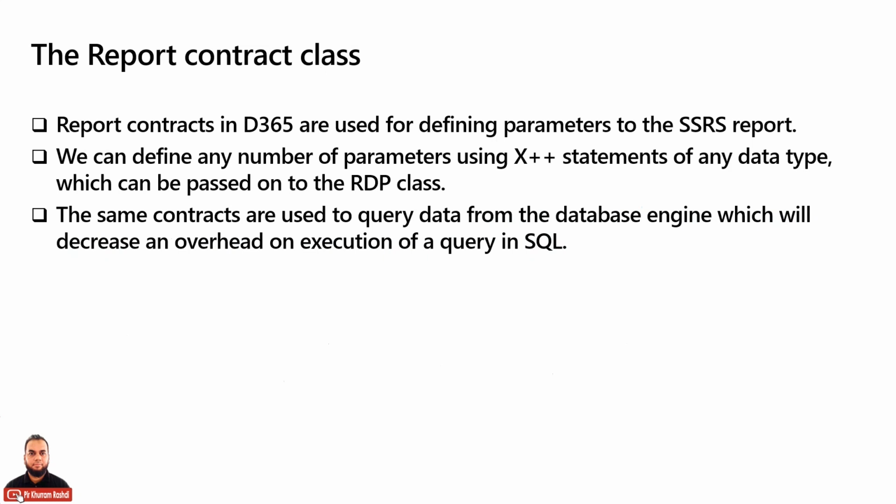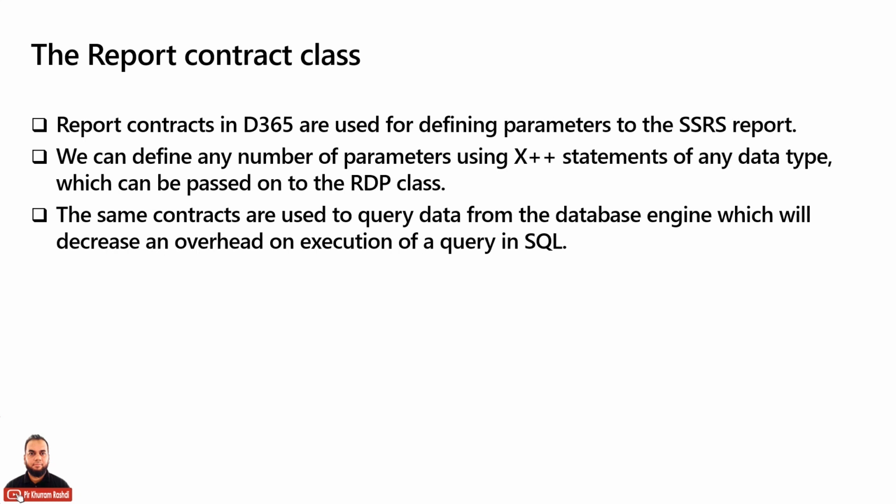So what is the contract class? The contract class, also called a report contract, is used for defining parameters for SSRS reports, and it is used for filtering. Parameters are used for filtering the data, and the parameters are passed through the contract class.